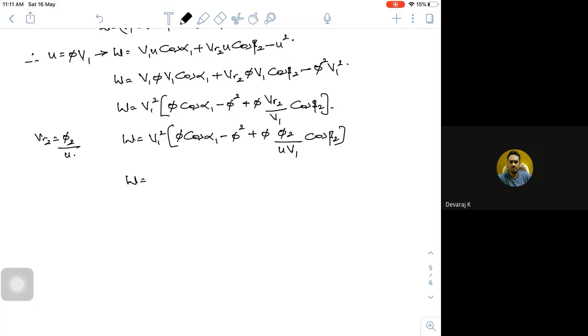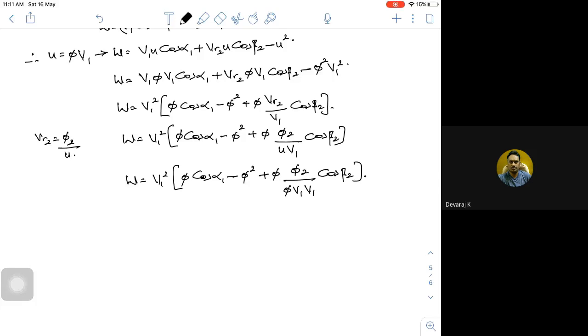W is equal to phi into cos alpha 1 minus phi square plus phi into, what is your U? Your U is actually phi into V1. U is equal to phi into V1, into cos beta 2.